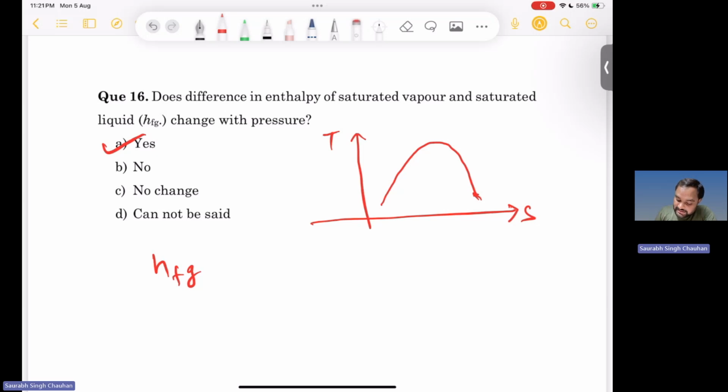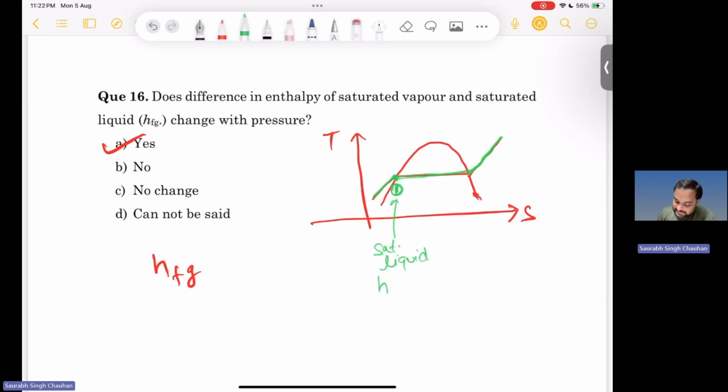So on TS diagram, if you make an isobar, meaning a constant pressure line, it will look something like this green line. This point 1 is saturated liquid. This saturated liquid will have some enthalpy.